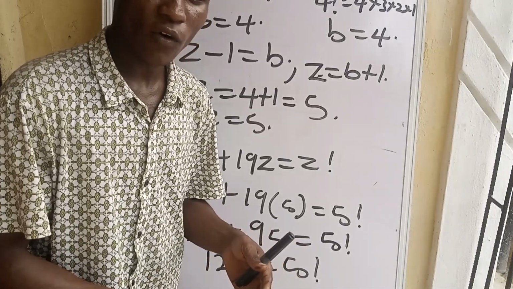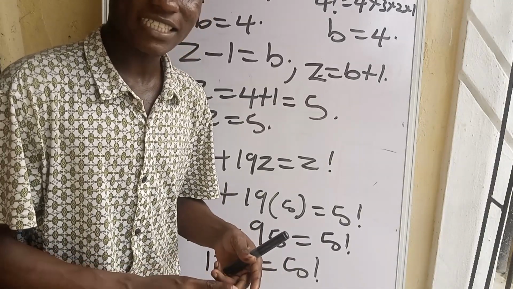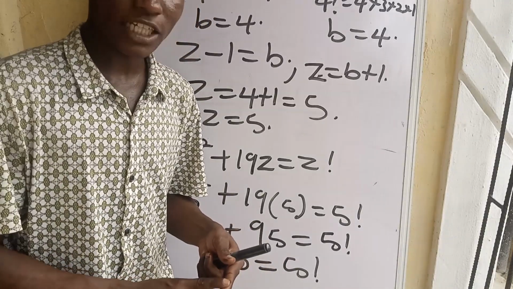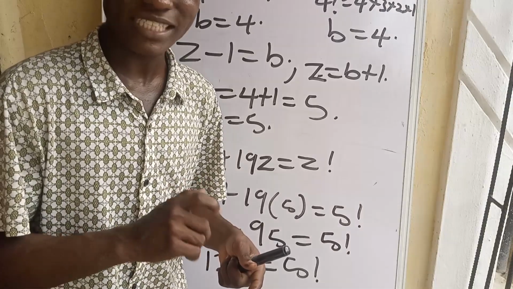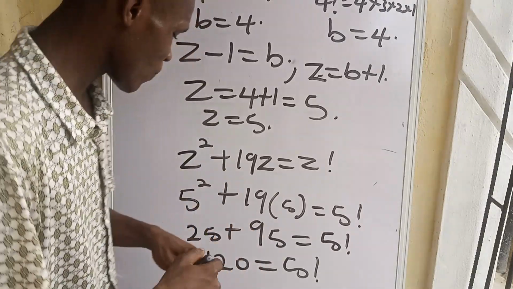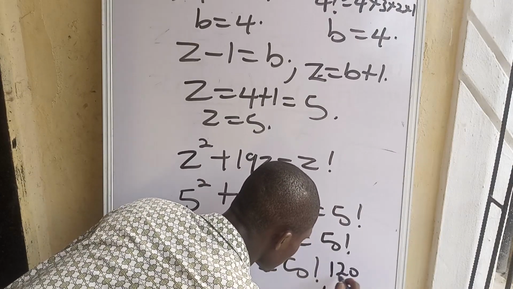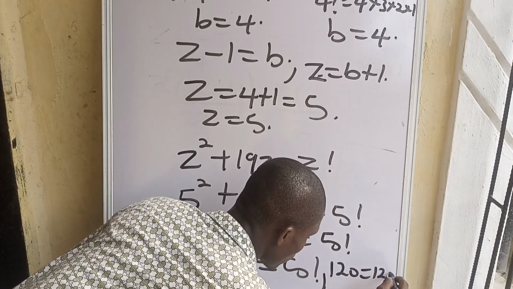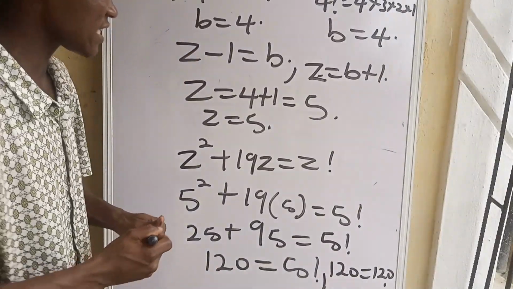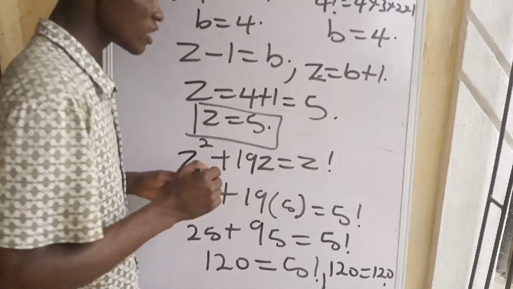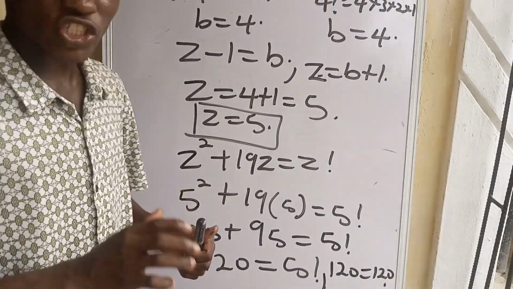And 5 times 4 is going to give us 20. 20 times 3 is going to give us 60. 60 times 2 is going to give us 120. And 120 times 1 is going to give us 120. So 120 is equal to 120. So we can say 120 equals 120. So the value of z is extremely correct.